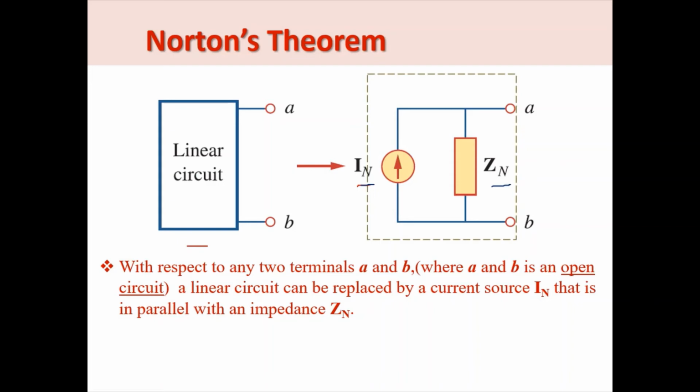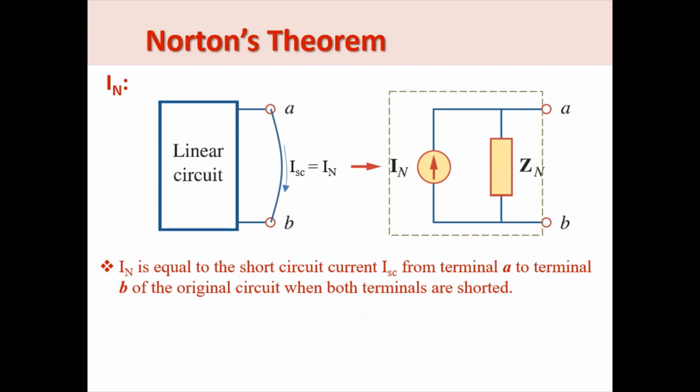So the question now is, how do we get the current I sub n and Z sub n? Now for I sub n, to get this, we apply a short across the open terminals A and B, and then measure or compute for the short circuit current that flows from A to B, so we call it I sub SC, and that becomes our I sub n.